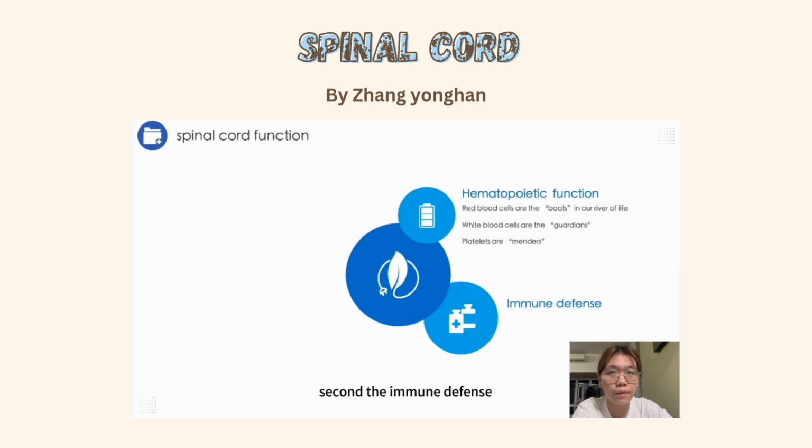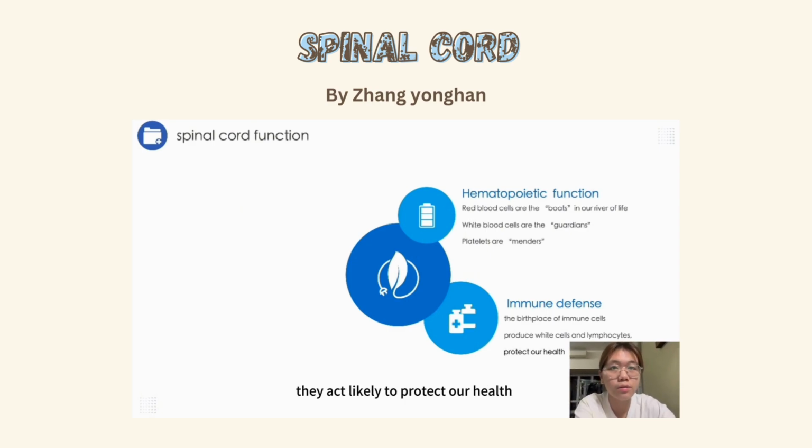Second, the immune defense. Spinal cord is the birthplace of immune cells, which are the body's first line of defense against internal threats. The white blood cells and lymphocytes produced by the spinal cord are constantly on patrol, monitoring the body for invading pathogens. When they see danger, they act quickly to protect us.